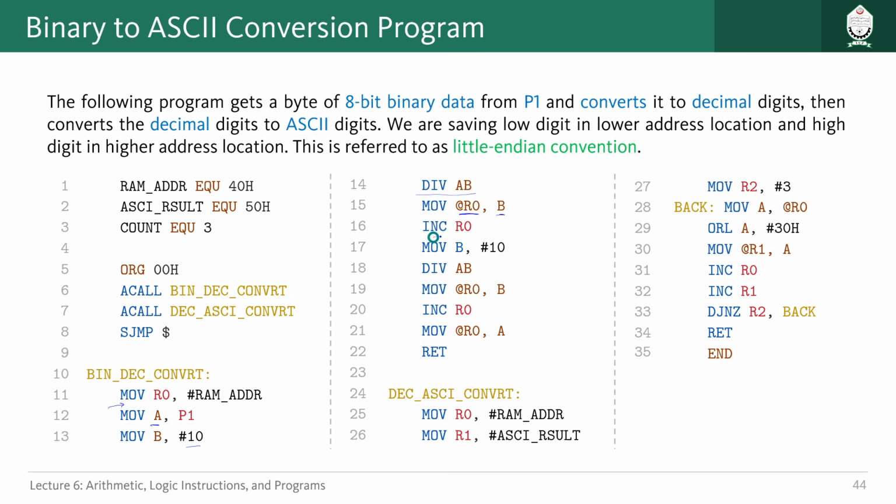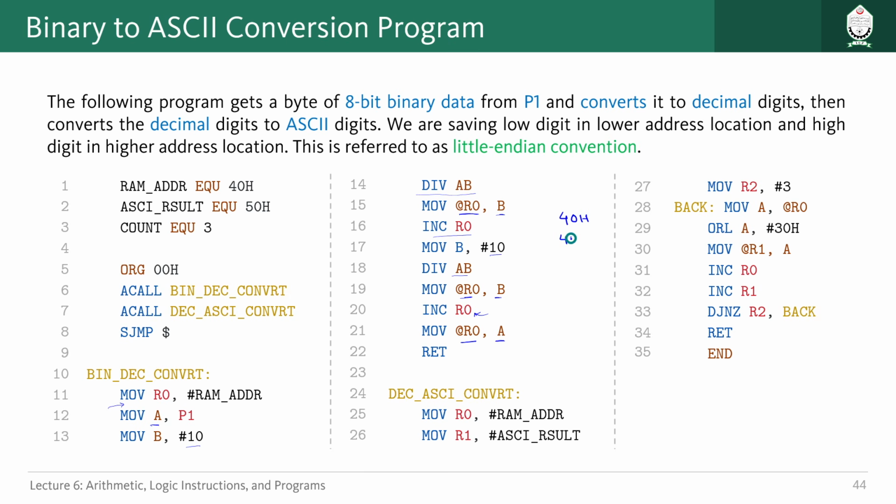Then again we increment R0, so 40 will become 41. Again we divide whatever we have inside A by 10. Right here we have done that. Then again the remainder will be saved in the next location, 41H. Then again we increment R0, so 42. Then the quotient we have is going to 42.